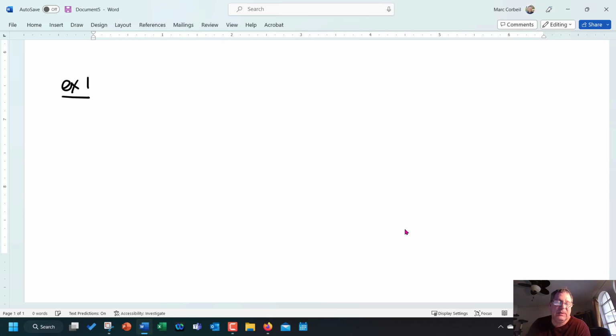And we'll say, let's say we have the function f of x is equal to x squared minus 1. And we want to find the derivative of that in general, and maybe the derivative specifically at a value.